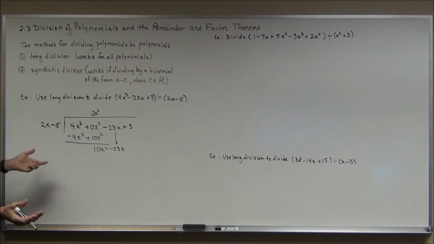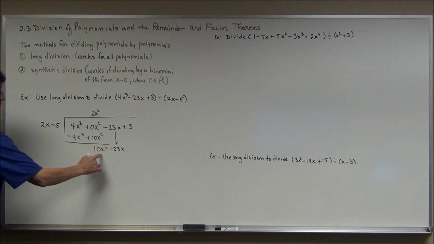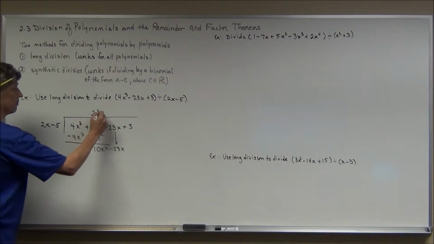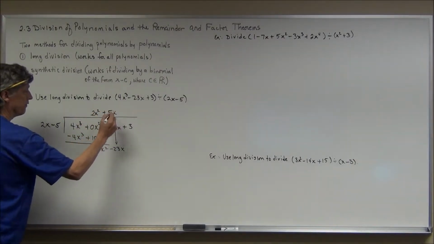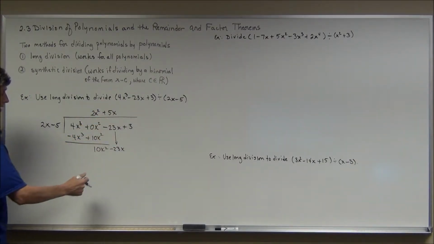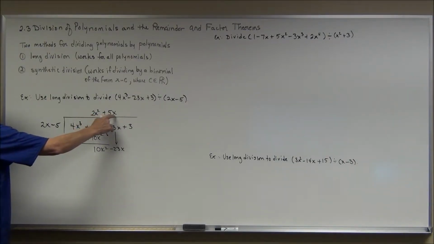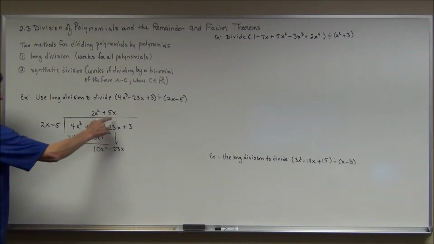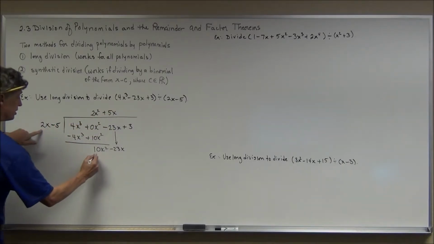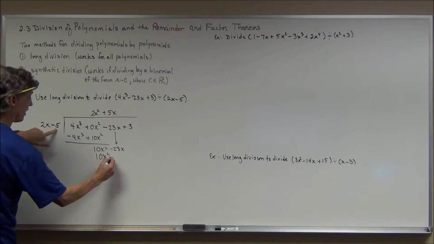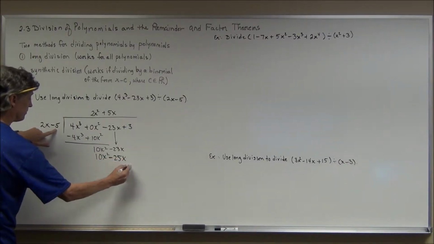And I repeat this process. What times 2x gives me 10x squared? Well, that would be 5x, positive. So I'm going to put a plus for positive 5x. Notice again, I'm lining up my like terms. Then I take the 5x, I ignore this term for now, multiply, and stack underneath. 5x times 2x is 10x squared. 5x times a minus 5 is a minus 25x.